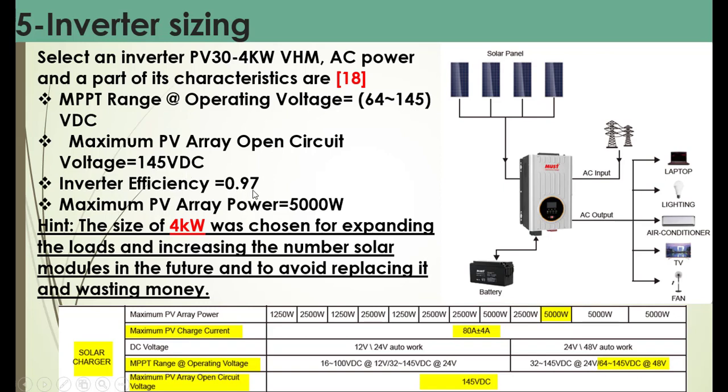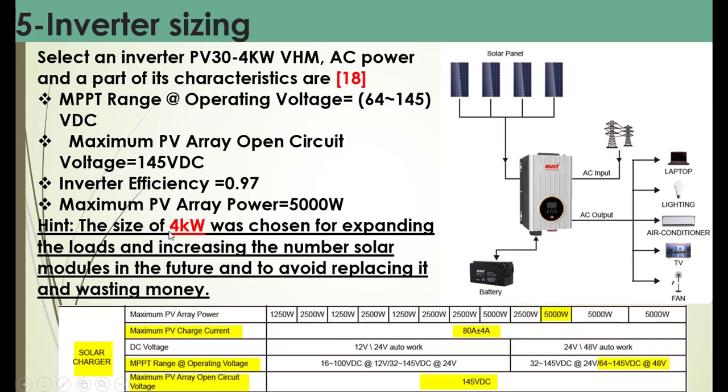The inverter efficiency is 0.97, and the maximum allowed PV array power for this type of inverter equals 5000 watt.